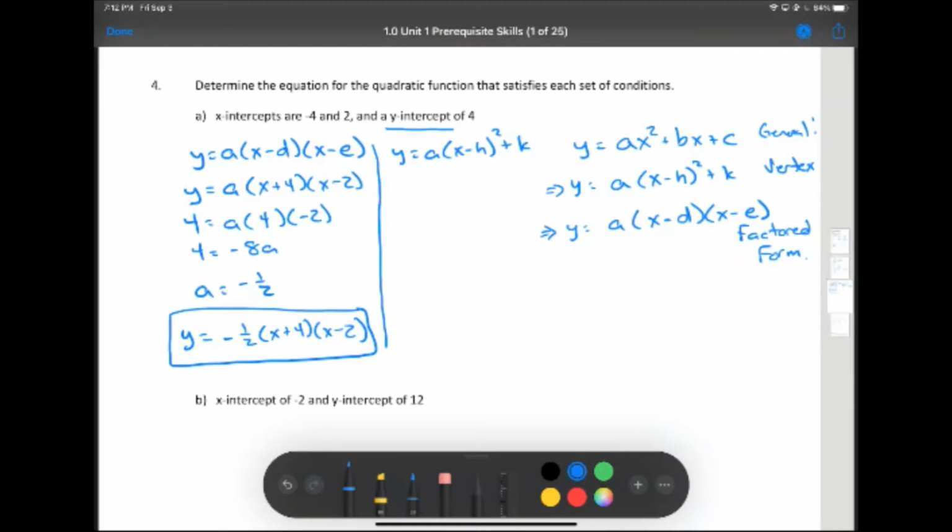And what I could do is take advantage of the fact that I know that quadratic functions are symmetric. So if the x-intercepts are -4 and 2, the midpoint of that must be -1.